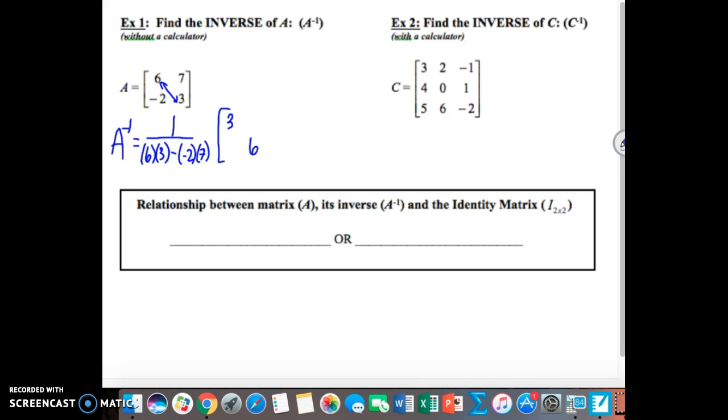So we have a 3 and a 6 in the upper left hand and the lower right hand corner. And the 7 and the negative 2 have a sign change. So the negative 2 becomes positive and the 7 becomes negative 7.